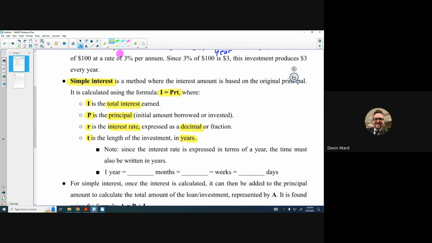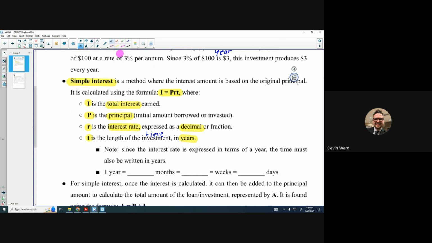So you have I equals P times R times T. I is your interest, P is your principal, R is your interest rate, and T is time in years. Since the interest rate is expressed in terms of a year, the time must also be written in years. So you're always going to put your time into years.